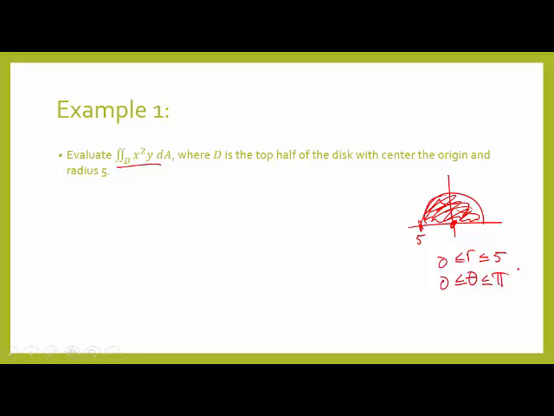Okay, so we're almost done. We got the limits, we're going to change the x into r cosine theta, and this is going to be squared. You're going to change the y into r sine theta, and we're going to integrate this from 0 to 5 with respect to r, and then with respect to theta from 0 to pi.